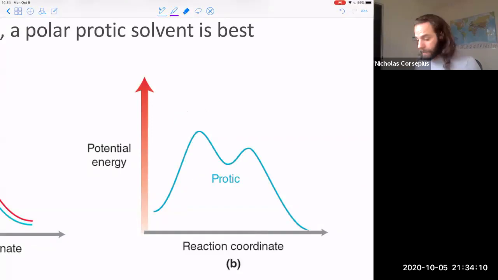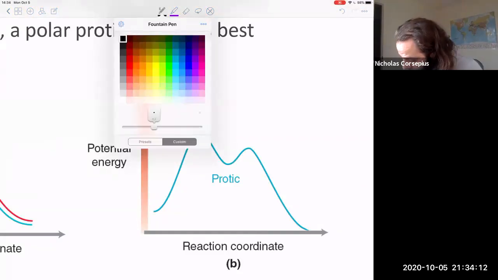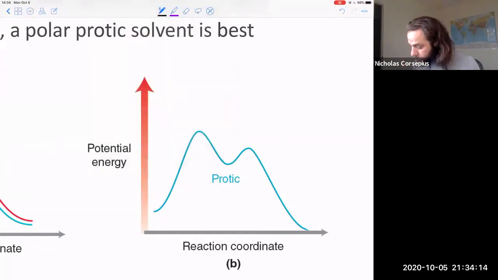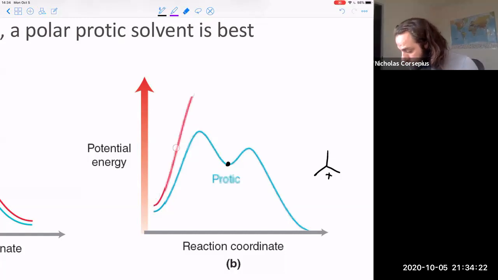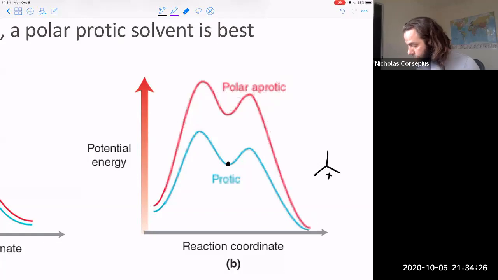It's because in this case, what is our charged species? It's the intermediate, that carbocation, right? So if we destabilize that carbocation intermediate by using an aprotic solvent, we're raising the energy of that intermediate.